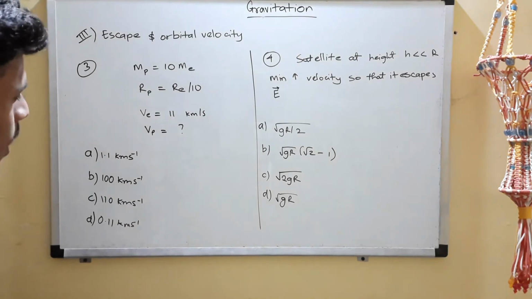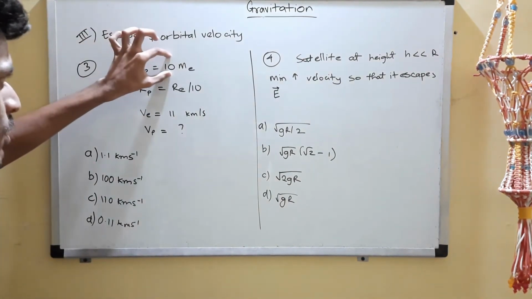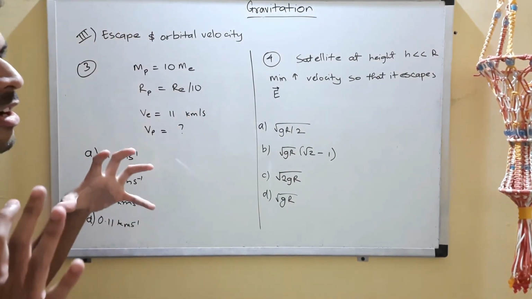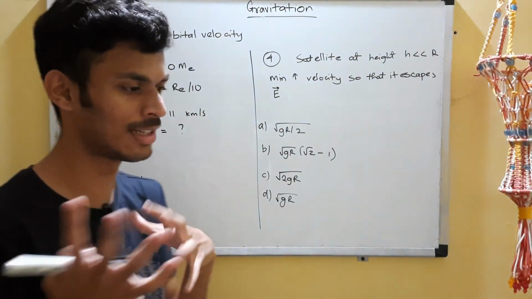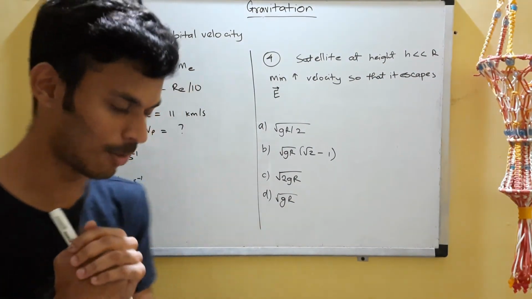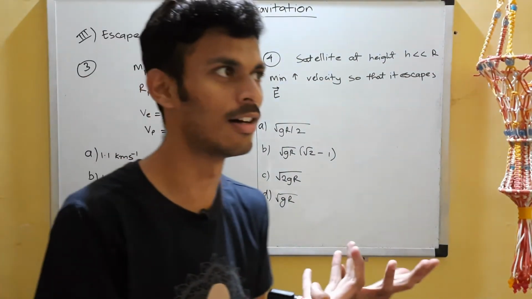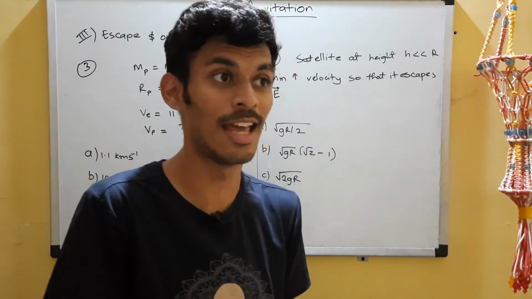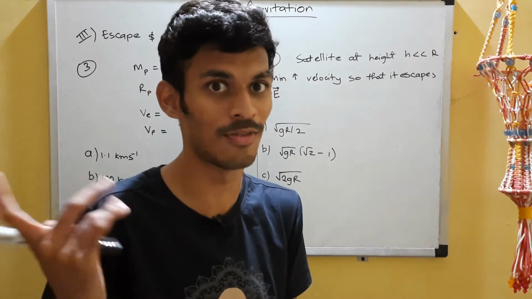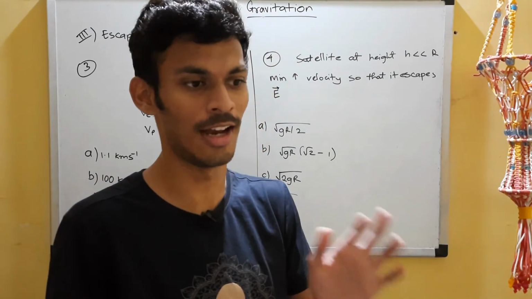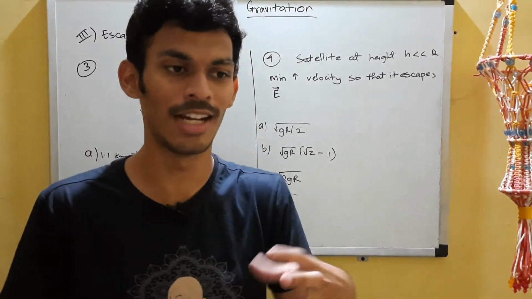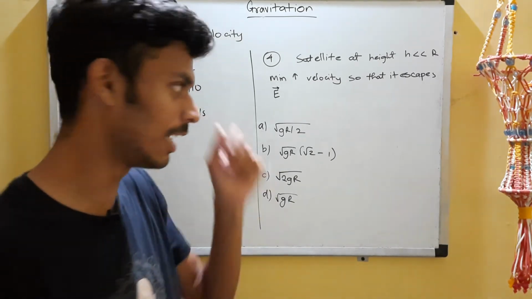Now it's quite evident that the planet is more massive and it has a smaller radius. So it's more dense in a way. Since it's more dense, the acceleration due to gravity there will be more, right? Question 1 of today: the acceleration due to gravity is directly proportional to density, right?